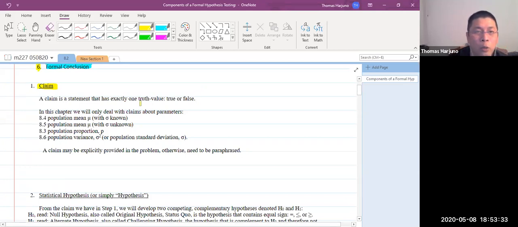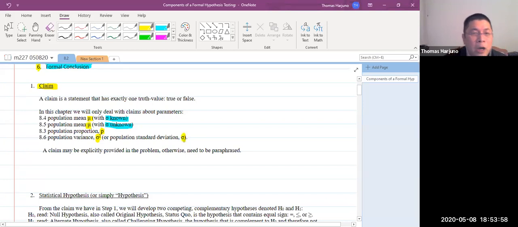And we are not talking about any statements, okay? We will be talking about only statements related to the population mean. We have two cases in the past, the one with sigma known and sigma unknown, or with population proportion, or with population variance, or standard deviation.